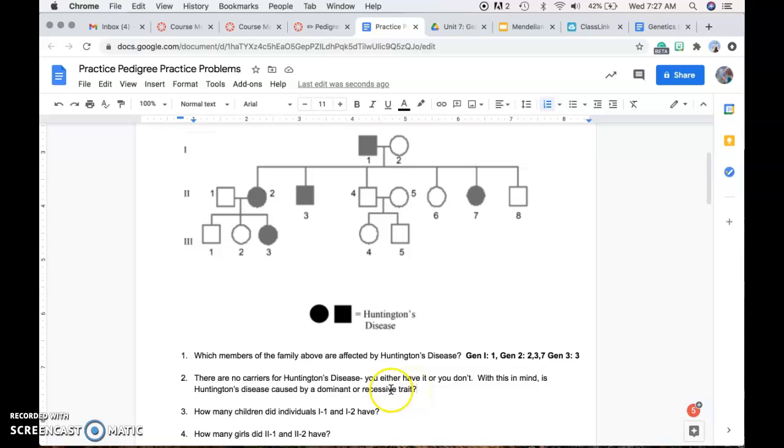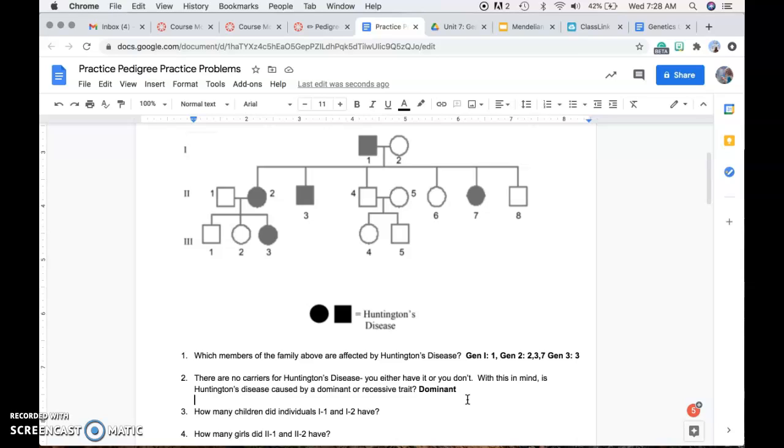That also means that if it is a recessive, then I could have an individual who has a big A and a little a and not be affected. So that means if it's a recessive, there are carriers. This tells me that there are no carriers for Huntington's disease. Because there are no carriers, period, you either have it or you don't, it means that it's a dominant disease or a dominant allele that is affecting whatever genotype we're talking about.